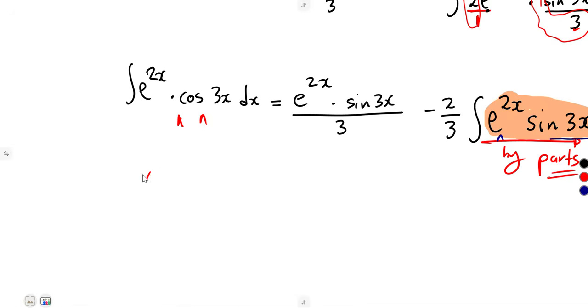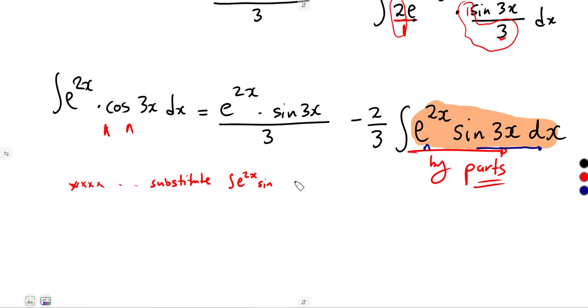Substitute. So I'm just going to have our original equation as it is. You substitute the integral of e to the exponent of 2x sine 3x dx. So let us substitute that into our whole integral.